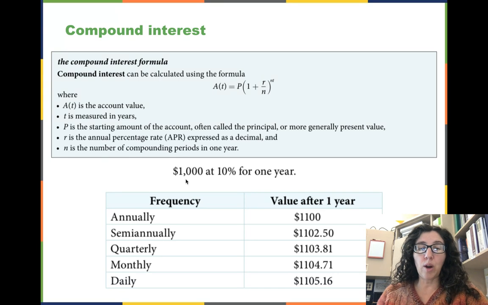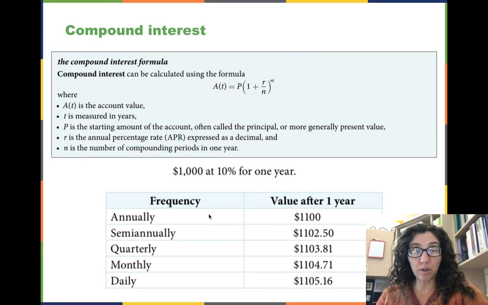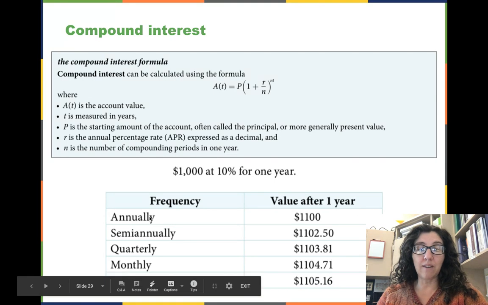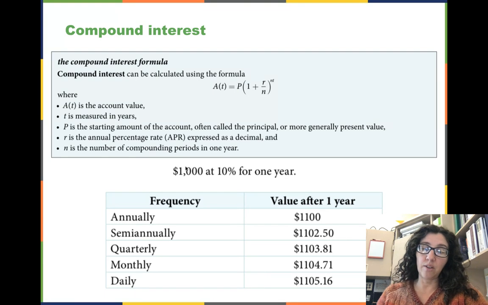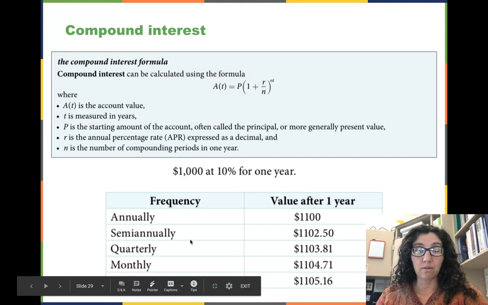So if you had $1,000 and the APR, the percentage rate, was 10%, the more often that it compounds, the more often they pay you interest, the more money you make, right? If they compounded it annually, 10% of $1,000 would be $100, and you'd have $1,100, right? But what if they did it twice a year, semi-annually?